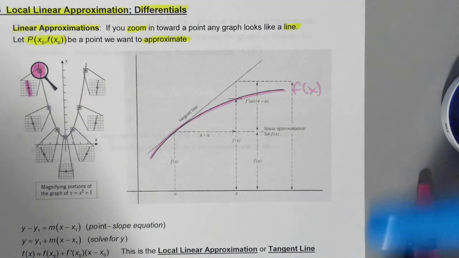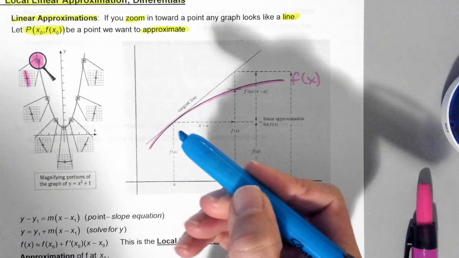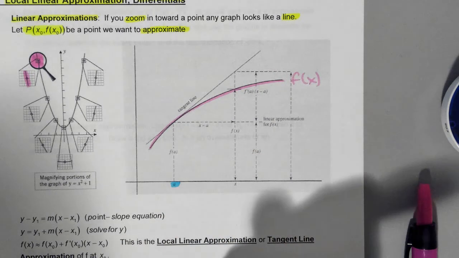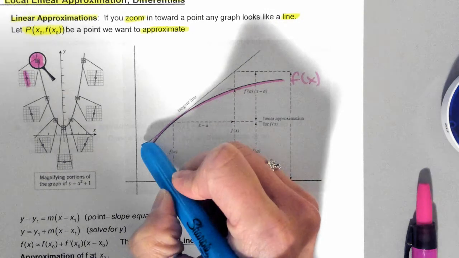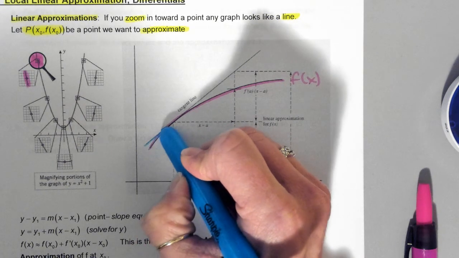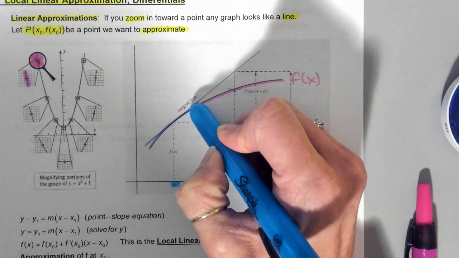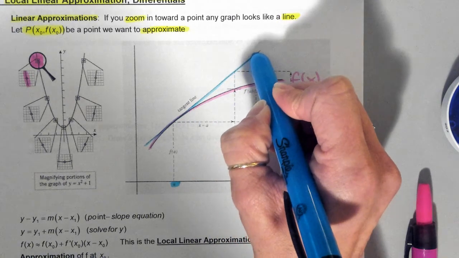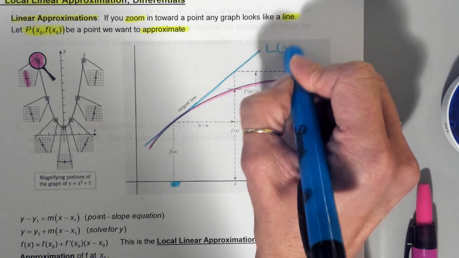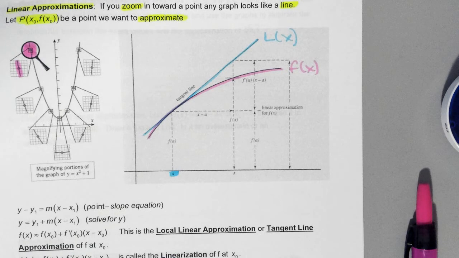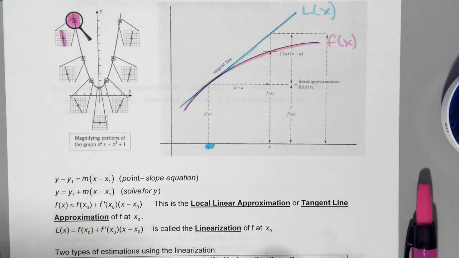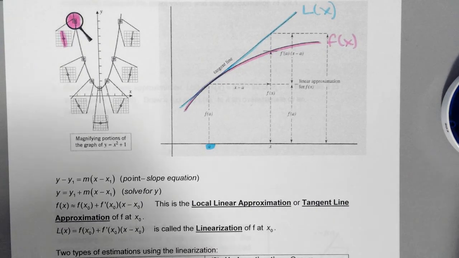And we want to evaluate f of a, some given point. If we have an equation of a line that is tangent to the curve that we are using for our linearization, which is L of x, all we have to do is plug into the equation of the line.